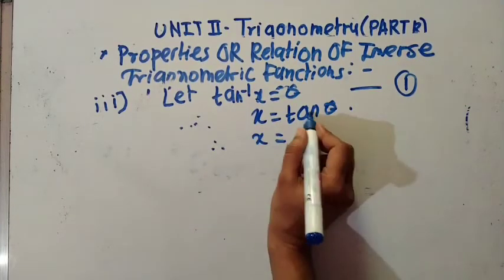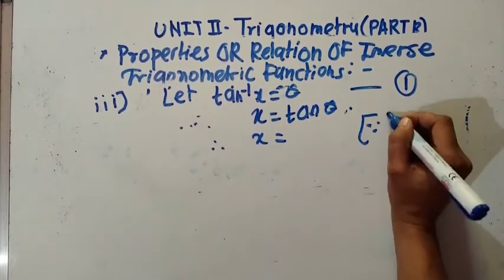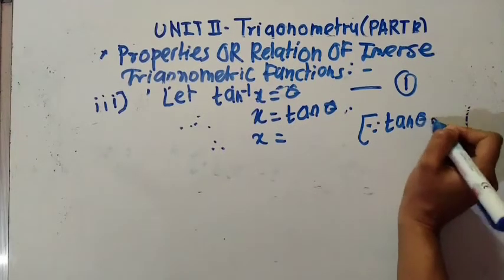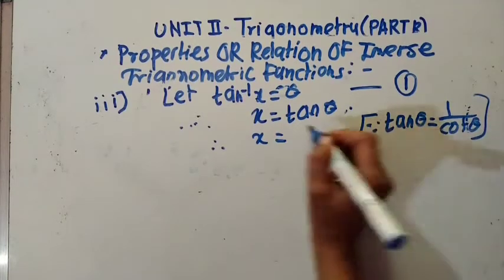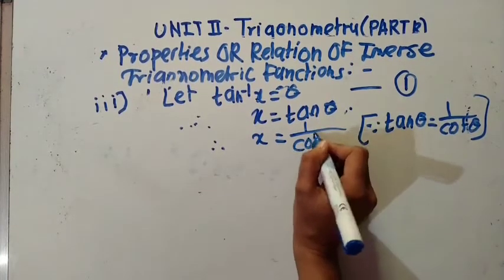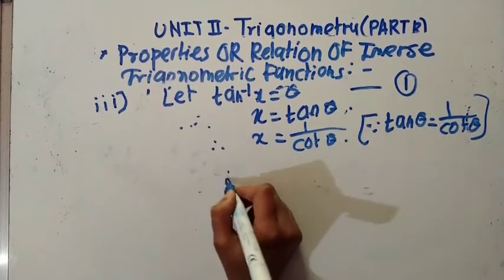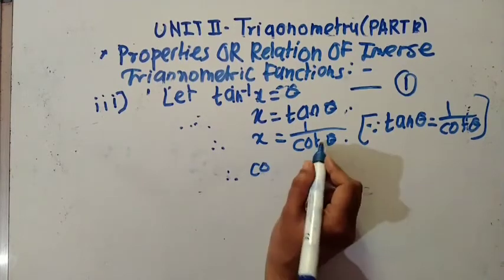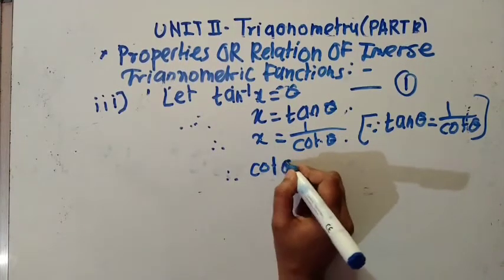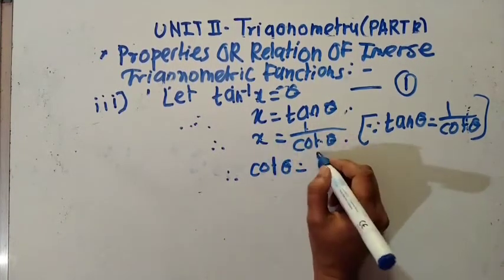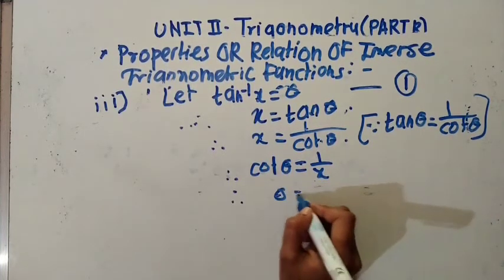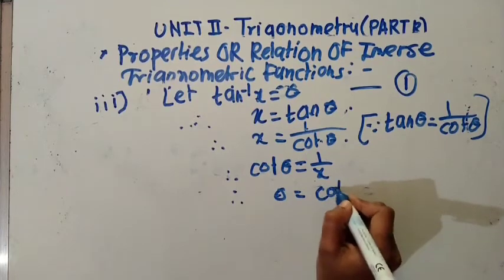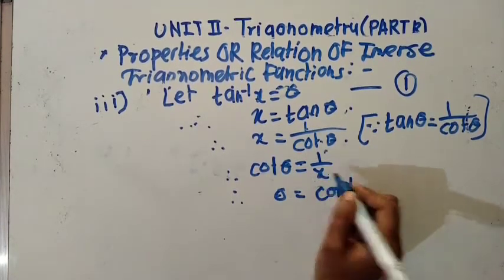But since tan theta is equal to 1 upon cot theta, hence cot theta, if we take it here, will be 1 upon x. Hence theta is equal to cot inverse of 1 upon x.